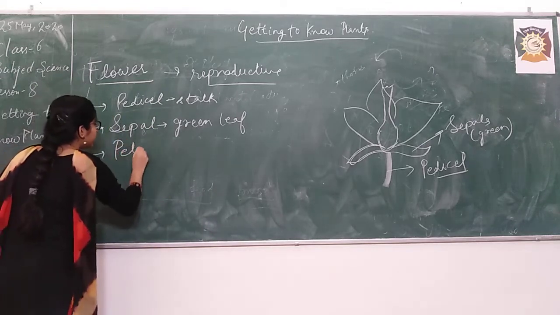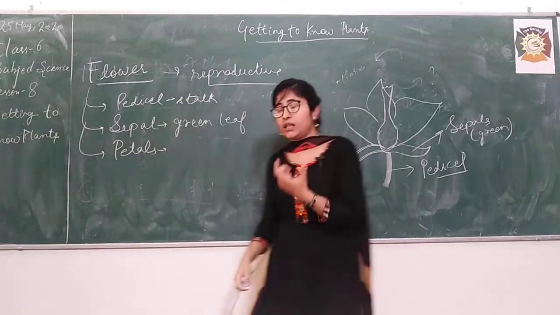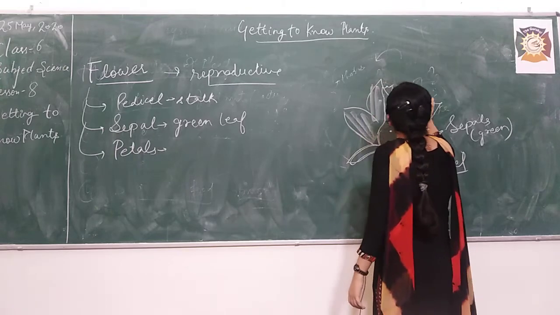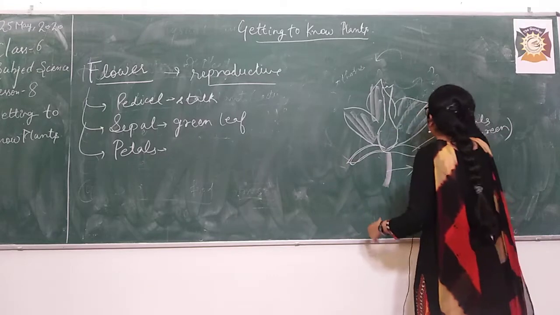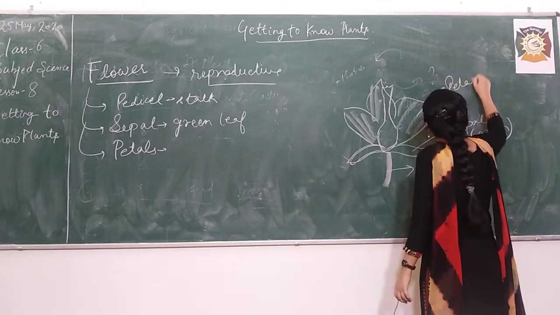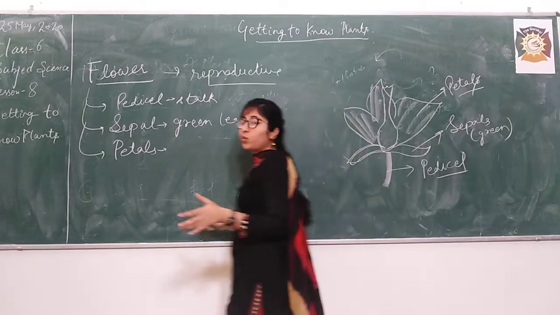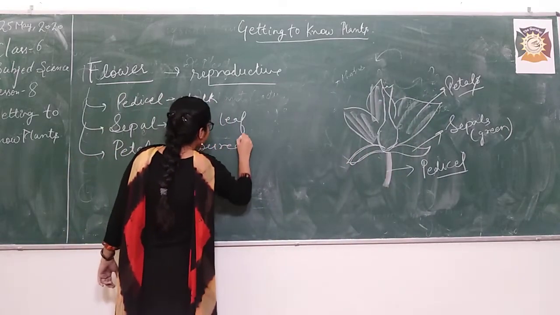Next is petals. I think there is no need to explain what petals are. We see the colored leaves. You call it in Hindi as pankhudi, right? So this colored part of the flower is known as petals, right? Petals is the colored part of the plant.